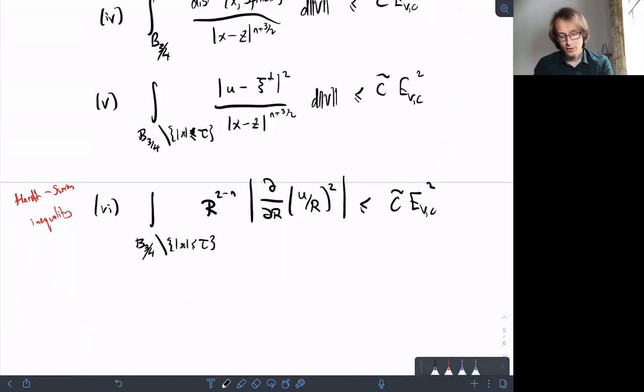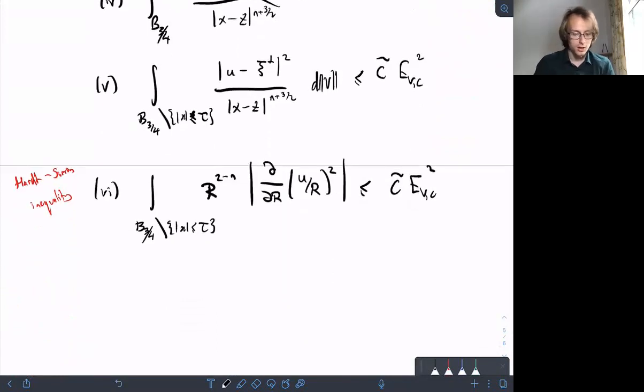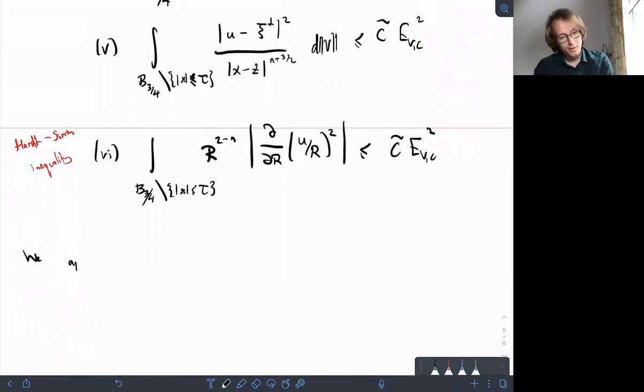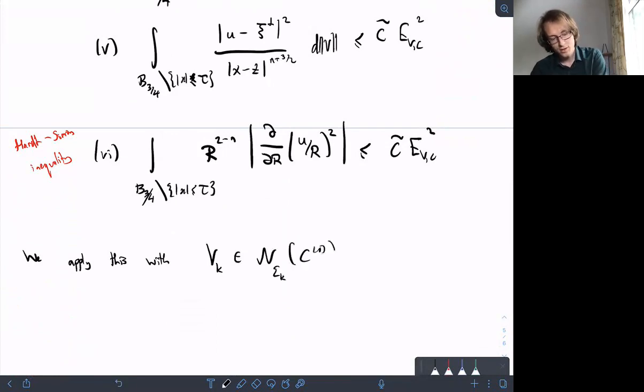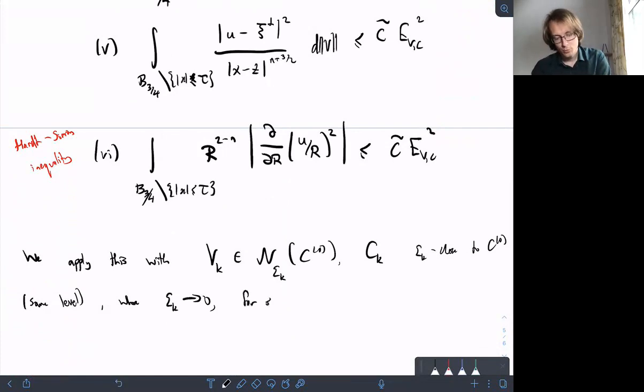So what we can now do is, when we argue by contradiction in the excess decay result, we apply this with Vk in some epsilon k neighborhood of C, Ck epsilon k close to C naught of the same level, where epsilon k goes to 0 for suitable tau k going to 0, so neighborhoods of the spine.